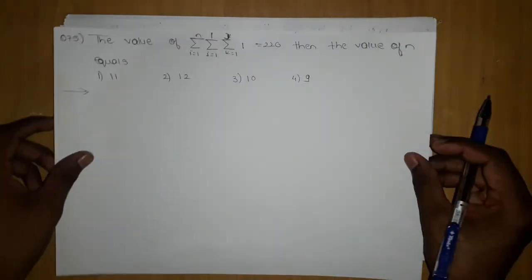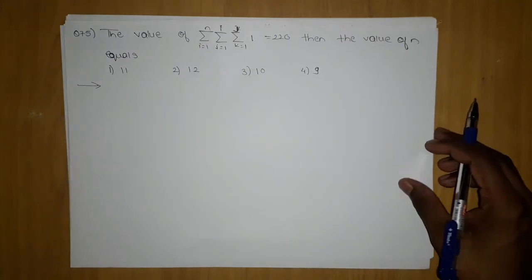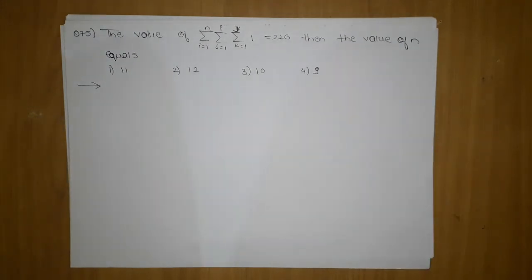The next problem is this: the value of summation i equals 1 to n, summation j equals 1 to i, and summation k equals 1 to j, equals 220, then the value of n equals to?